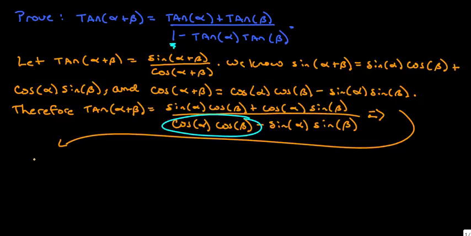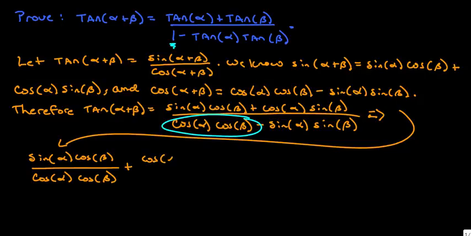So here's what I've got. I have the sine of alpha times cosine beta divided by cosine alpha cosine beta, plus cosine alpha sine beta over cosine alpha cosine beta.